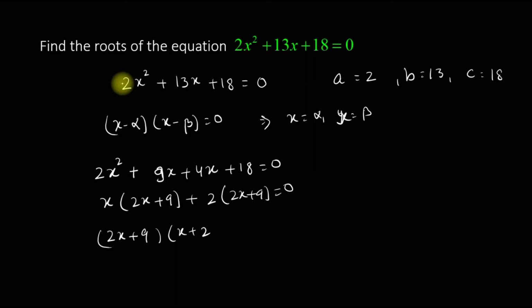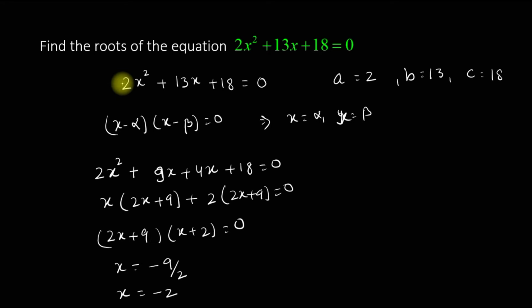So we get two factors, and its roots are: x is equal to minus 9 by 2 is one of the roots, and the second root is x is equal to minus 2. So we have two real roots.